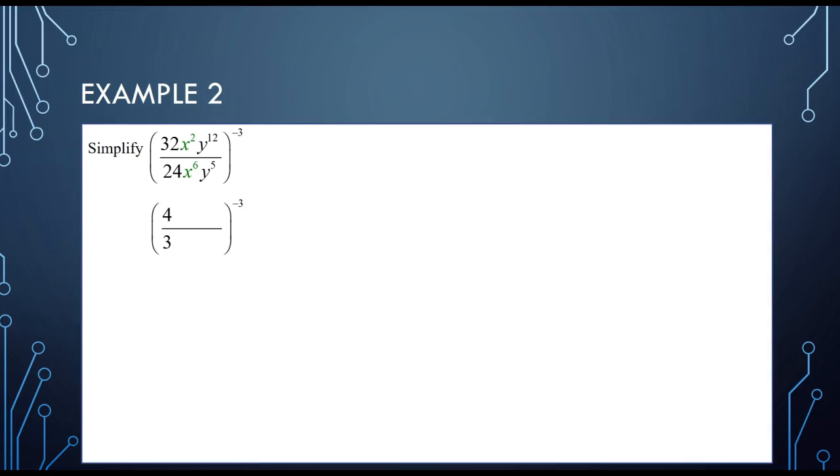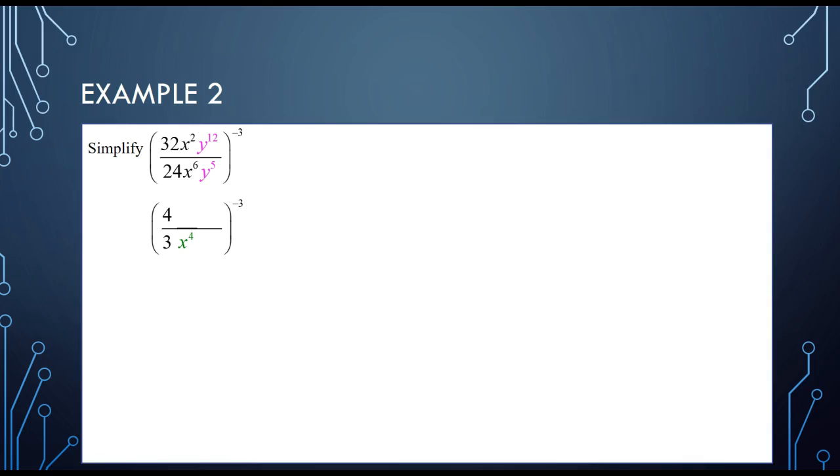Next, I'm going to try and simplify x squared over x to the 6th. Using our quotient rule, that would be x to the negative 4th, but we prefer that our exponents remain positive, so I'm going to take that x to the negative 4th and rewrite that as 1 over x to the 4th, or in other words, x to the 4th belongs in my denominator.